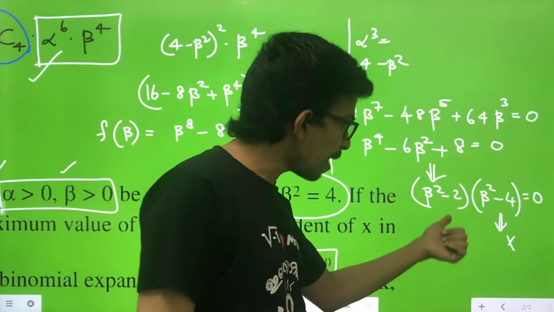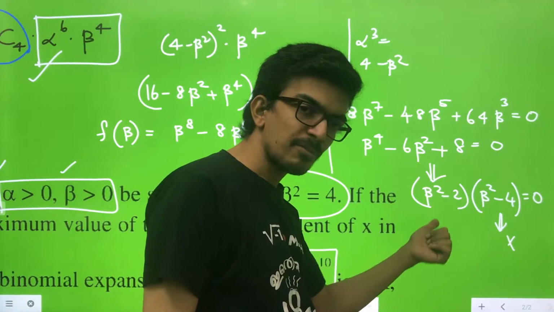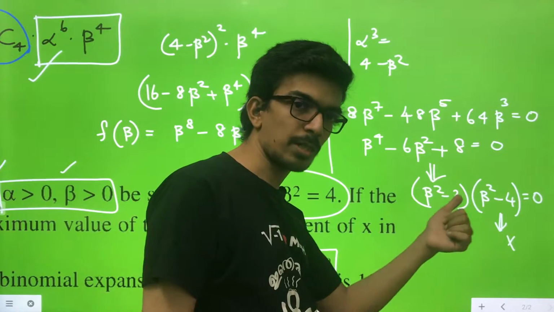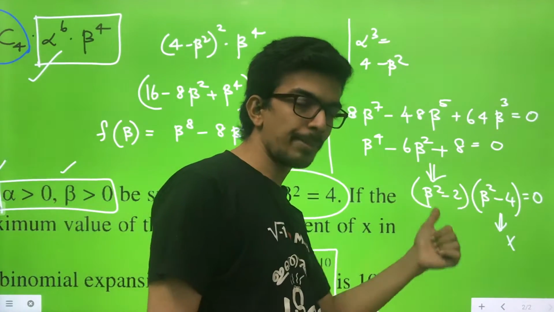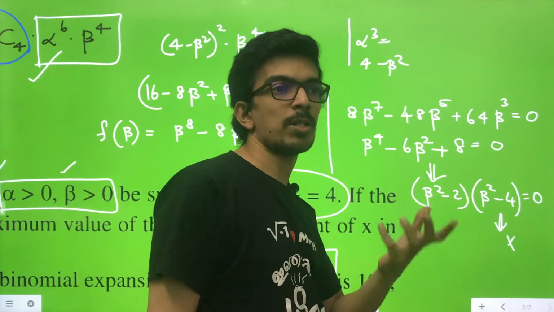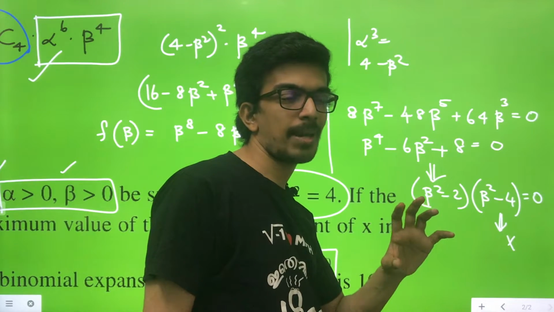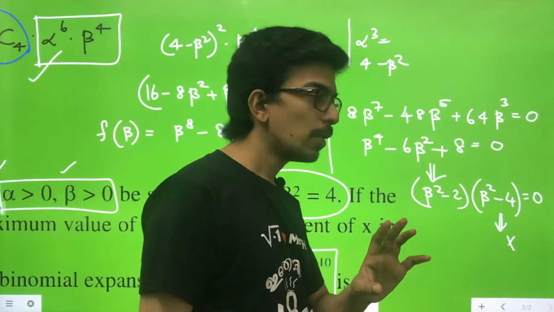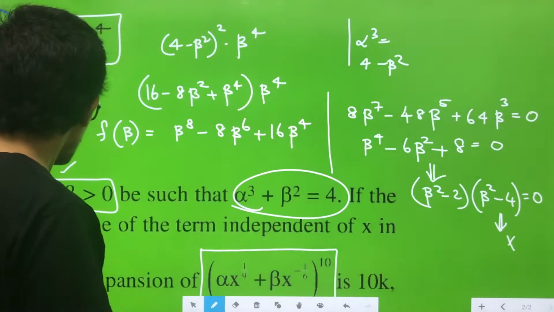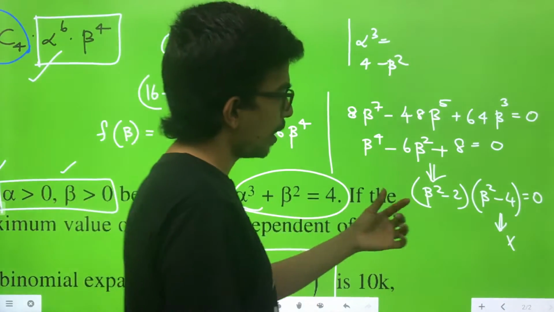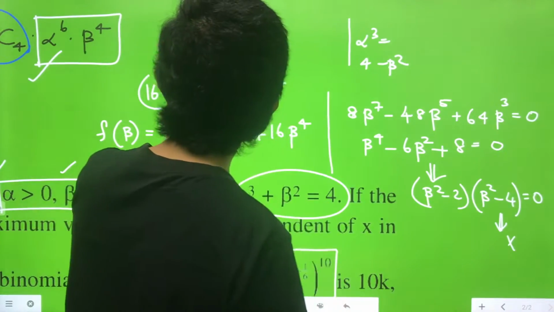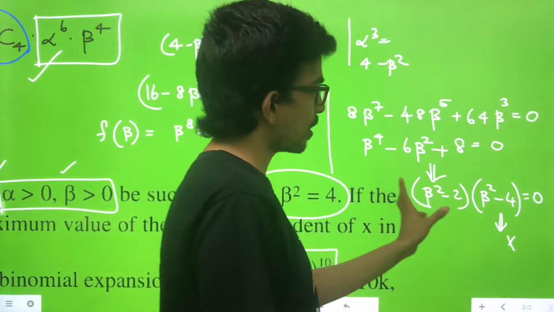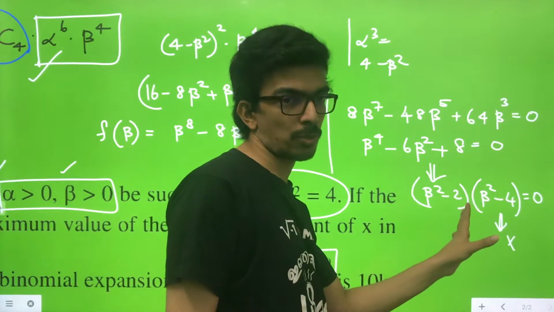Of course, we have two values from here: beta is equal to root 2 and beta is equal to minus root 2. You must be wondering which one will give the maximum and which one the minimum. Do not worry about that, because the question talks about only the maximum value and the expression will remain the same for beta is equal to root 2 or beta is equal to minus root 2.